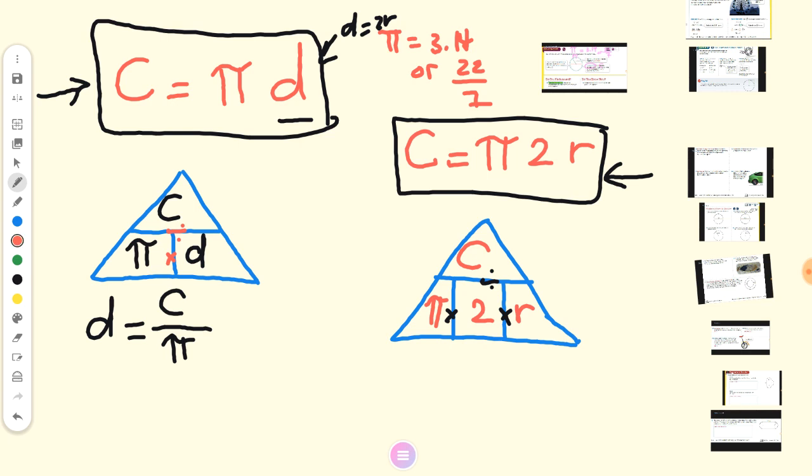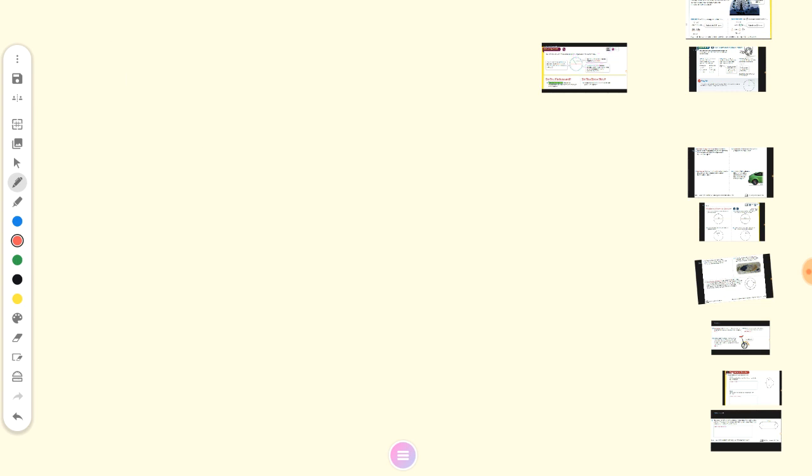So I can find R from the circumference. It equals C over pi multiplied by 2. That's it. Now, remember these two magic triangles well, and we will solve problems with them. Let's take our first example to solve it together.